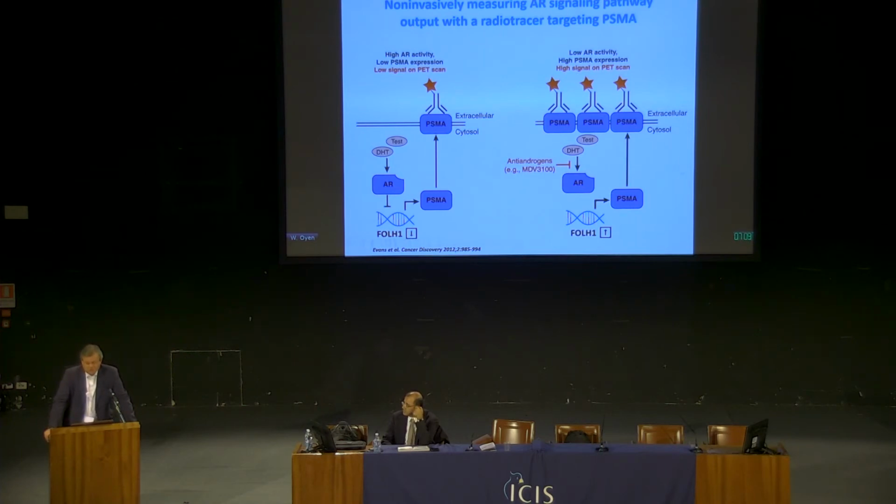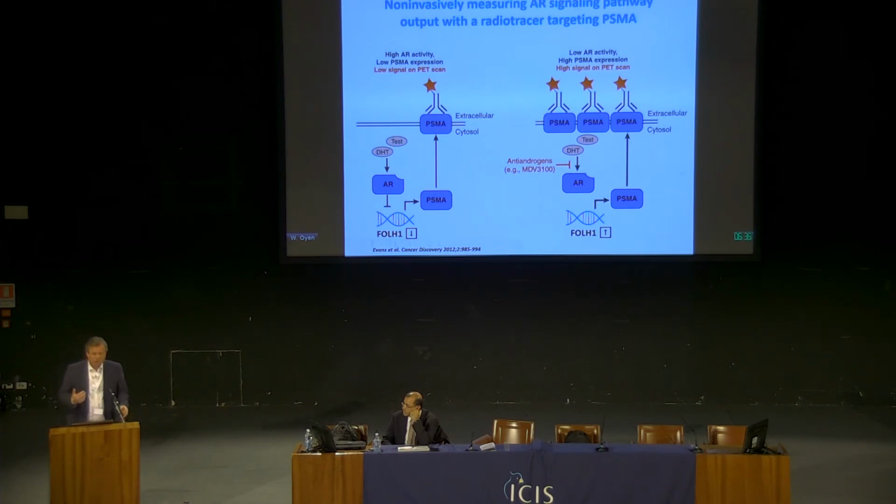The moment that that axis breaks, so that the sensitivity of the tumor to androgen receptor blockade is lost, you see that the FOLH1 gene gets activated, and you get a lot of PSMA production and expression on the cell membrane. So pathophysiologically, it's a highly interesting target, because with the increasing aggressiveness, you see the PSMA go up.